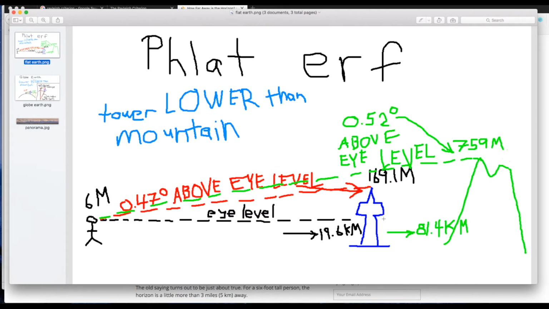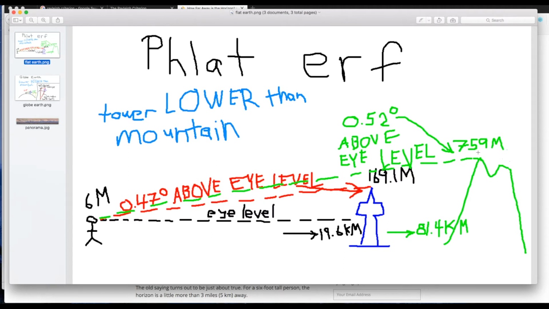This gives you the vertical height of the tower above your eye level. If the distance to the tower is 19.6 kilometers away, then you would use the arctan function to calculate the angle to the top of the tower. I did that and I worked it out to 0.47 degrees above my eye level.